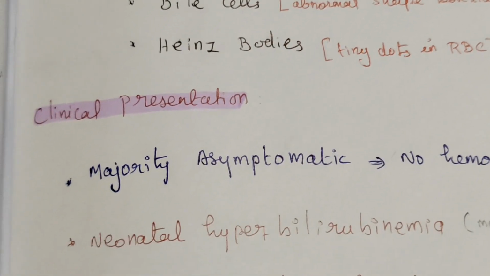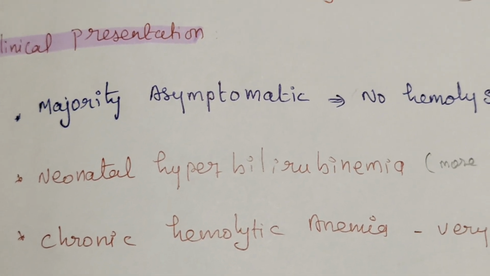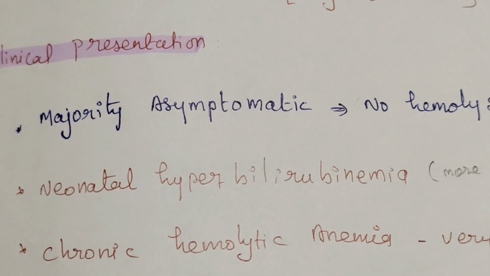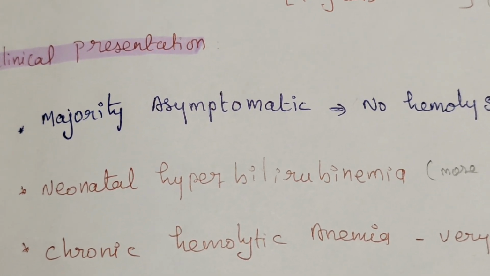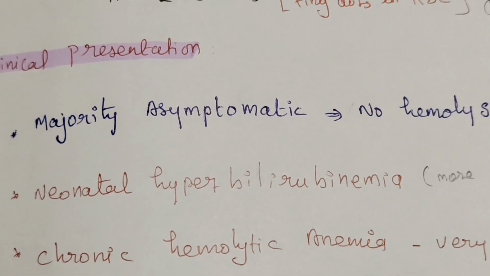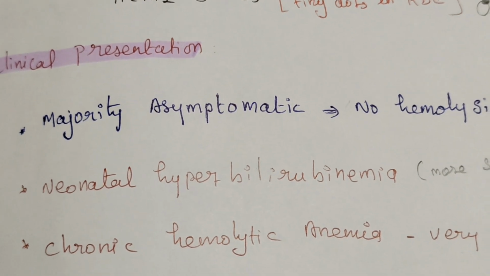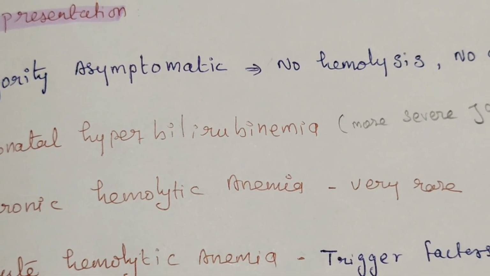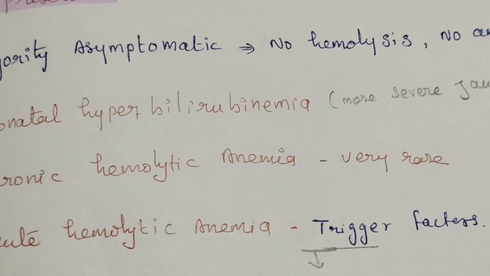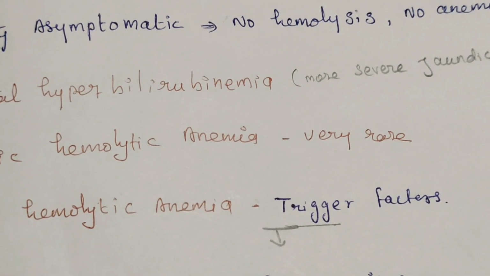Then coming to clinical presentation, the majority of individuals are asymptomatic. Some individuals may have neonatal hyperbilirubinemia, then chronic hemolytic anemia, then acute hemolytic anemia.